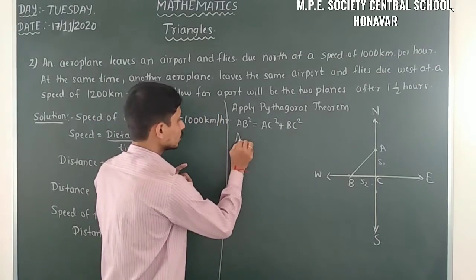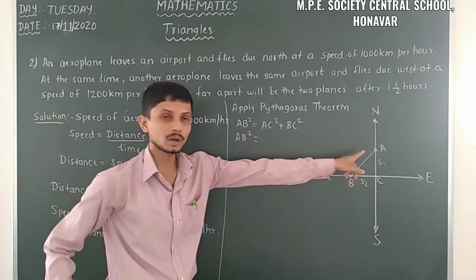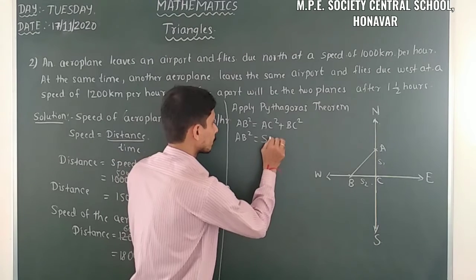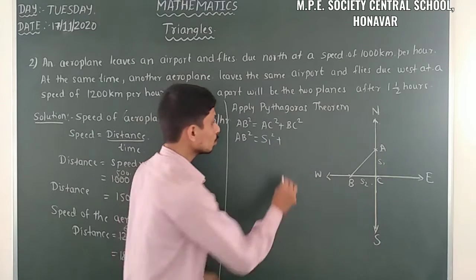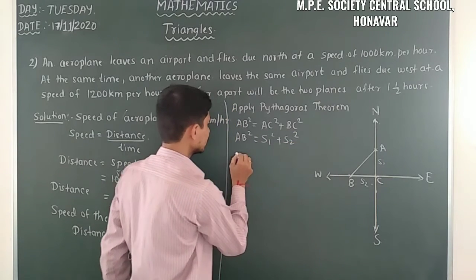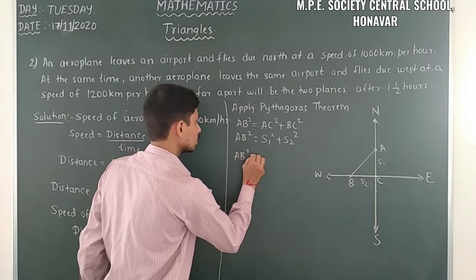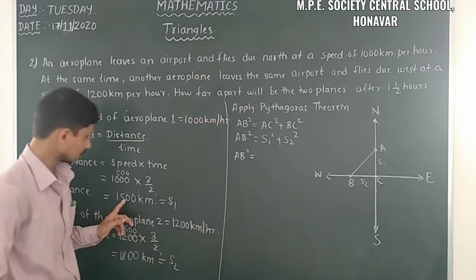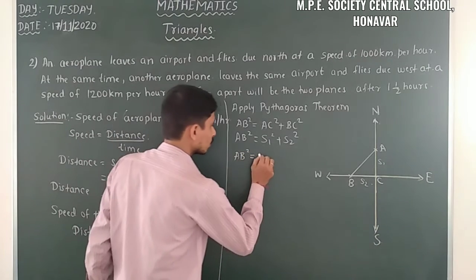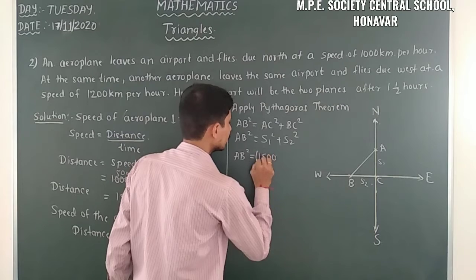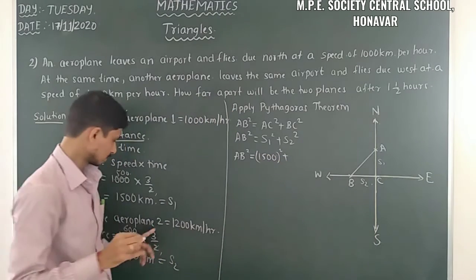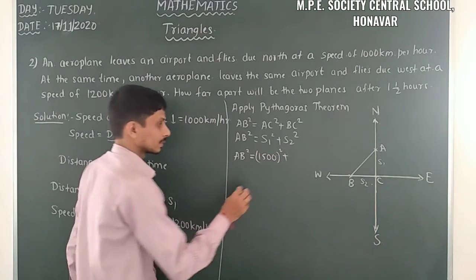Then AB square is equal to S1 square plus S2 square. That is, AB square is equal to 1500 square plus 1800 square.